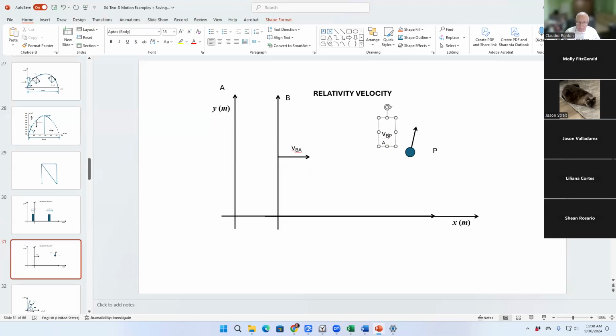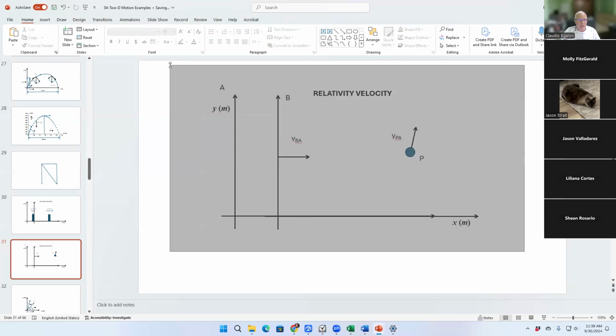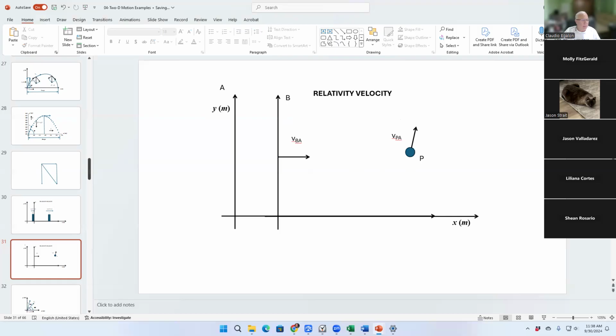And let's say that's velocity of P with respect to A, point P. Find the velocity of point P with respect to B. Given the following problem, right? And I'm going to copy this here.